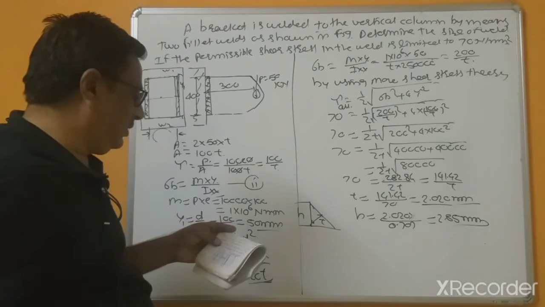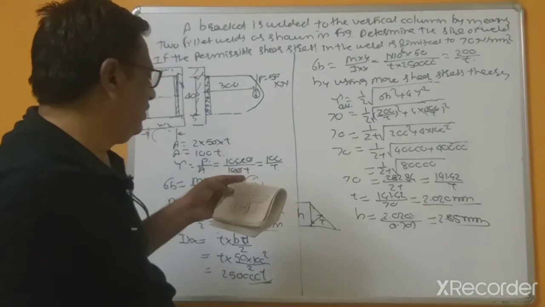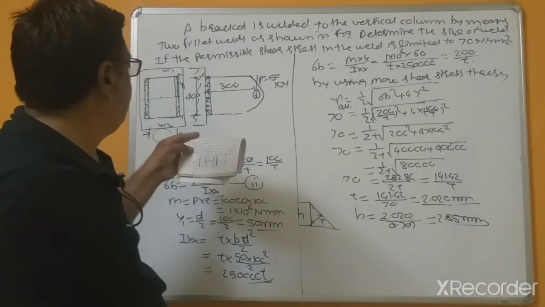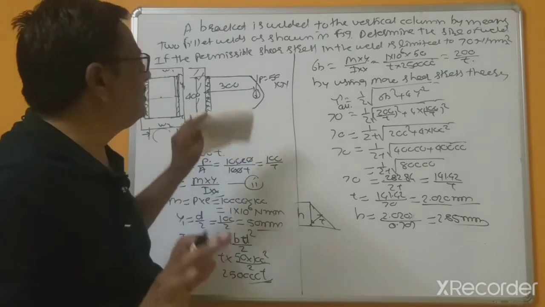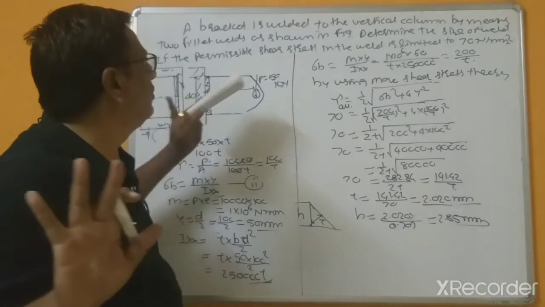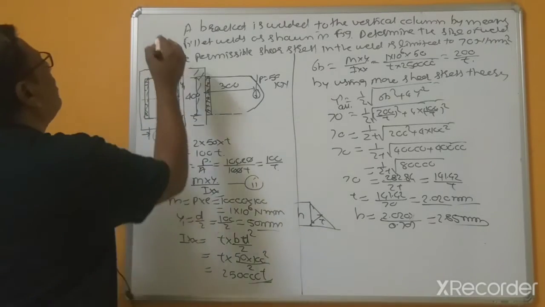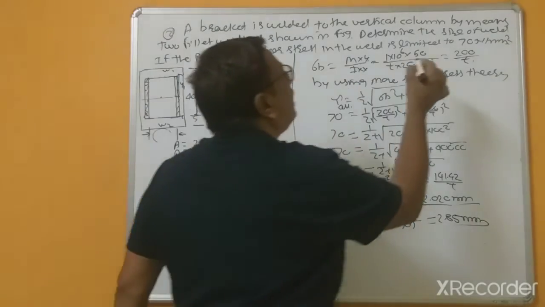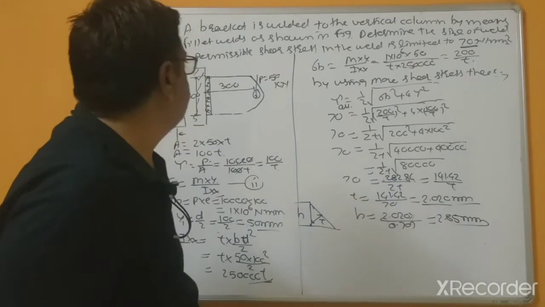A bracket is to be welded to the vertical plate by means of two fillet welds as shown in the figure. Determine the size of the weld if the permissible shear is the same, 70 Newton per mm squared. This is the second problem and I am not changing any data.